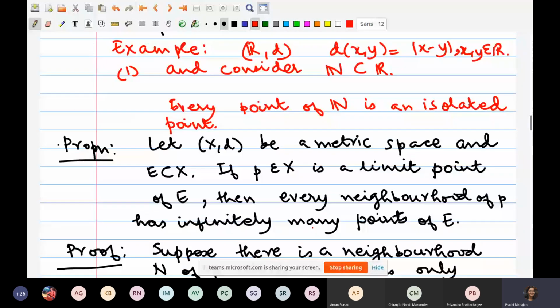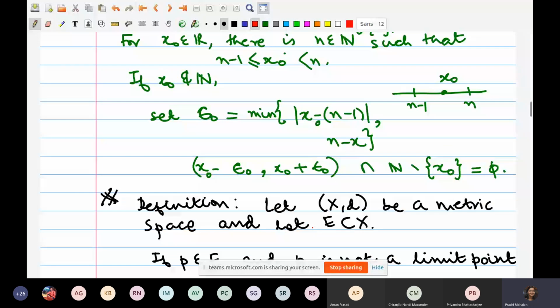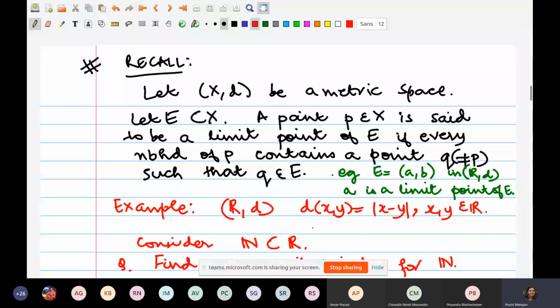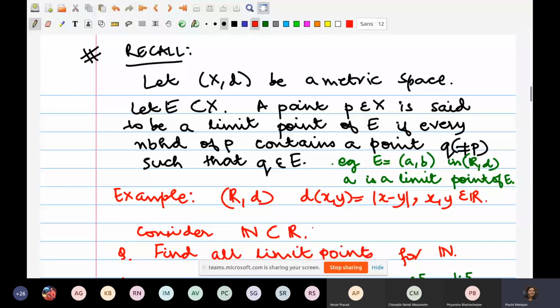Let's scroll up and recall. I need to show that P cannot be a limit point under such a situation. So I will try to demonstrate that there is indeed a neighborhood of P which does not contain any point of E besides P itself, and then we will be done.